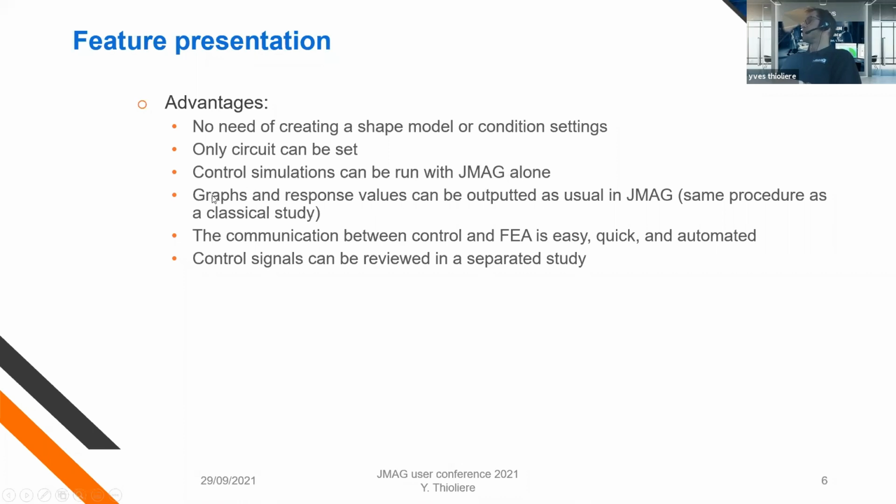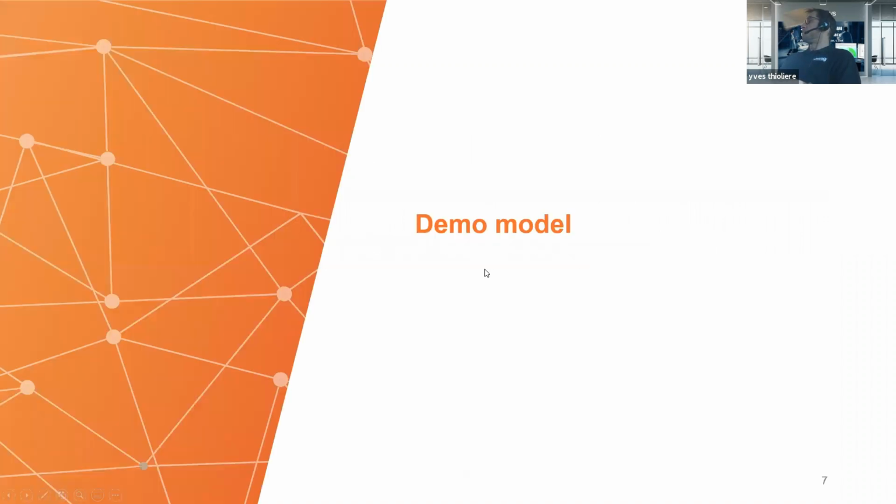And of course, you've got the advantage that you know JMAG and its interface, so you can use the classical response graph values. It's the same usual procedure in JMAG. The communication between the FE and the control is also easy, quick, automated, and very stable. You can also review the control signal in a separate study, so it's easier to check.